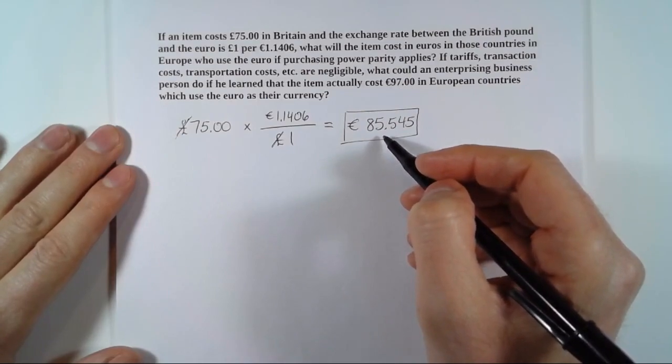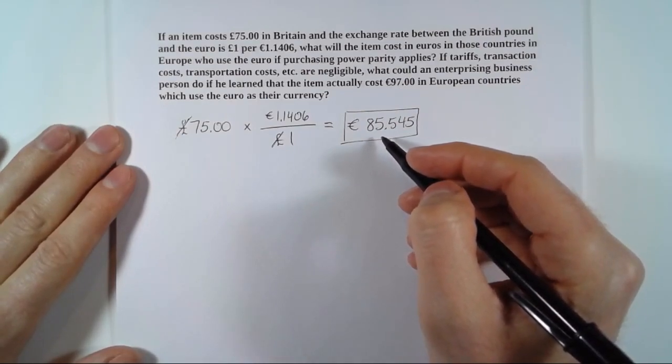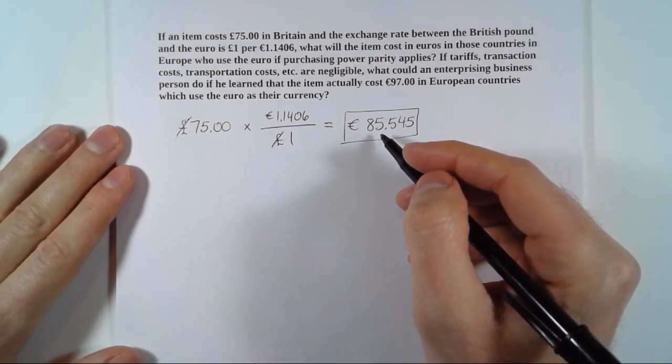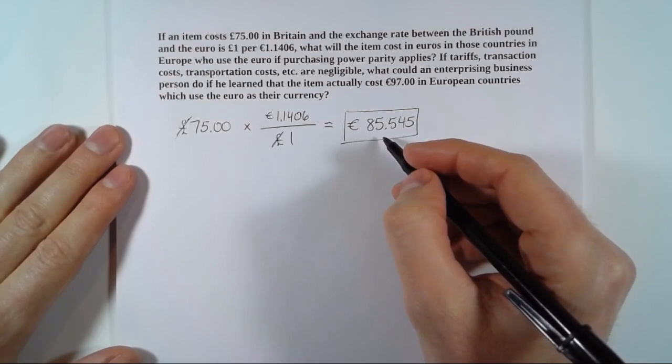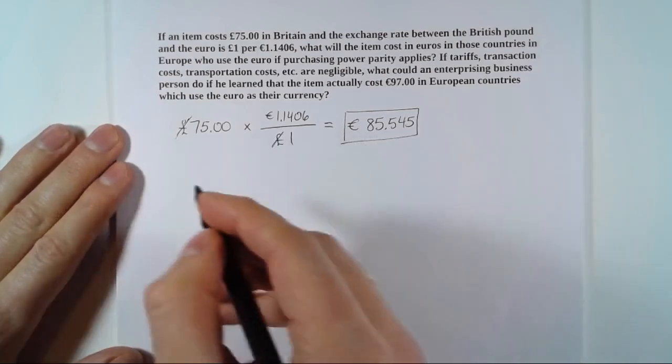So being the enterprising business people that you are, what you would realize is that we could buy it where it is relatively less expensive, which is Great Britain, and sell it where it is relatively more expensive, which is the countries using the euro. And here's how that would work.